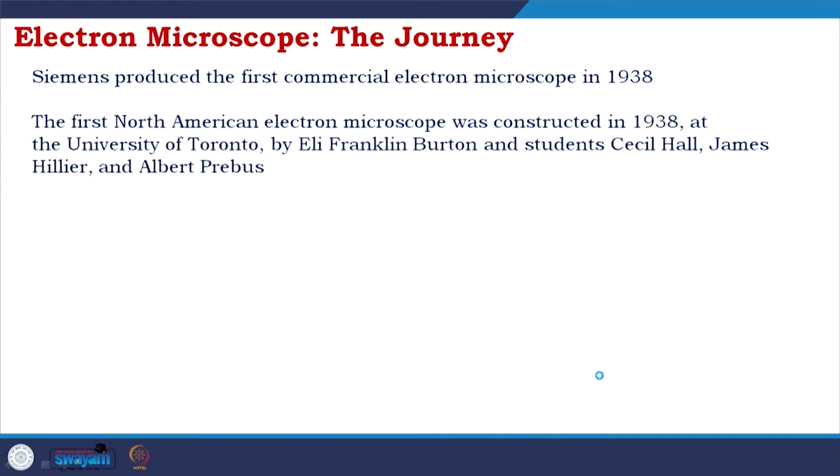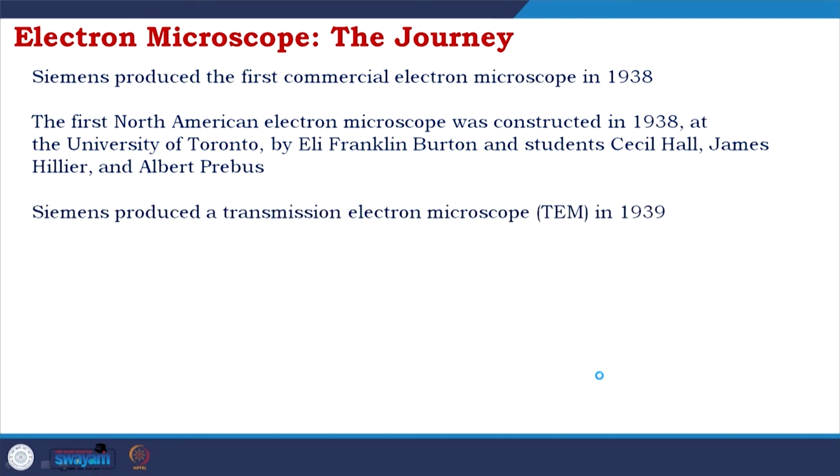The first North American electron microscope was constructed in 1938 at the University of Toronto by Eli Franklin Burton and students like Cecil Hall, James Hillier and Albert Prebus. Siemens produced a transmission electron microscope, the Siemens TEM, in 1939.